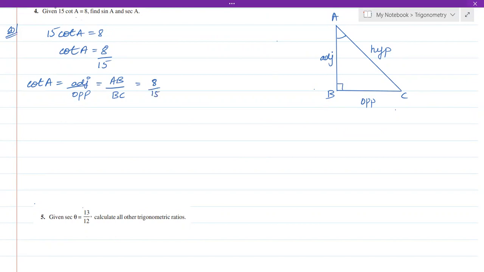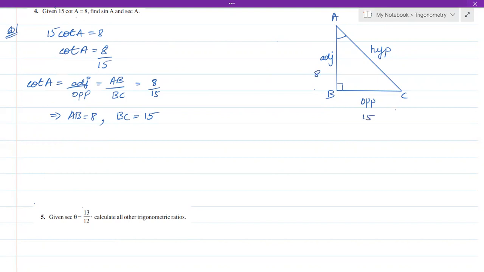Now this implies, as I told you in the previous video, you can directly take AB as 8 and BC as 15 in this exercise, no problem. Anywhere else we are not supposed to take like that. AB is equal to 8 and BC is equal to 15. So we got to know AB is 8 units and BC is 15 units.